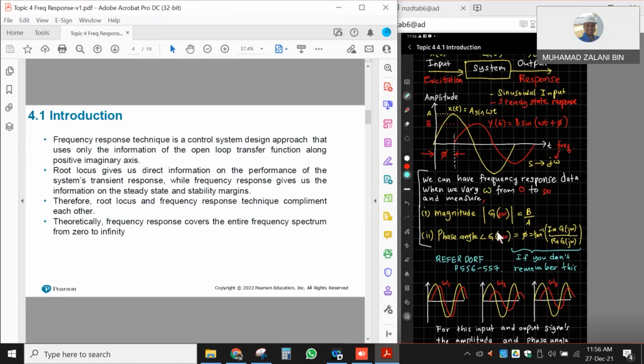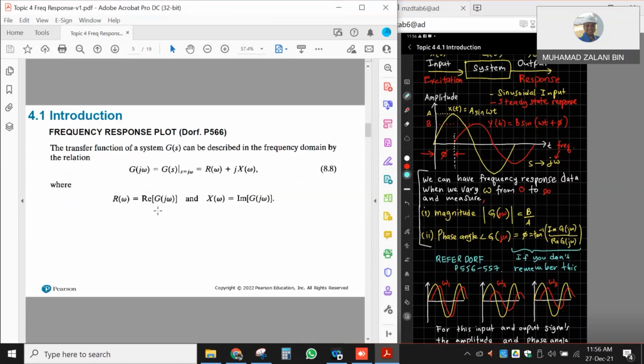The phase angle of G(j omega) is phi equals the arctangent of the imaginary part of G divided by the real part of G. If you don't remember this equation or formula, you can have a look in the Dorf textbook, page 566, which gives the theoretical explanation of how we can represent the magnitude and also the phase angle of a function like this.